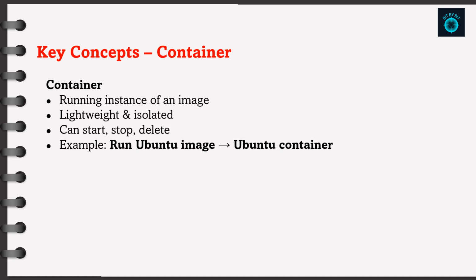You can start them, stop them, or delete them whenever you like. For example, if you run the Ubuntu image, Docker will start a container that behaves like a tiny Ubuntu operating system inside your computer. So, to summarize, an image is the template. A container is the live, running object created from that template.